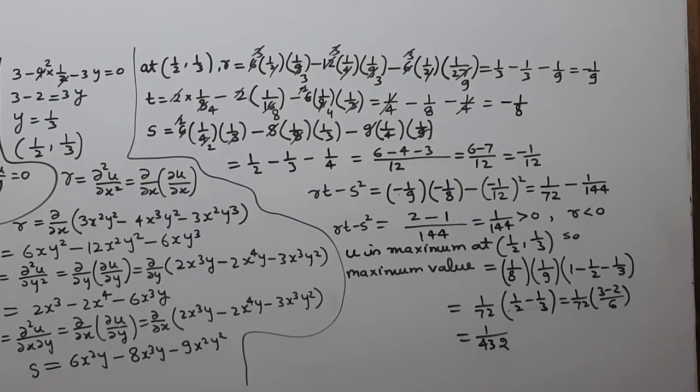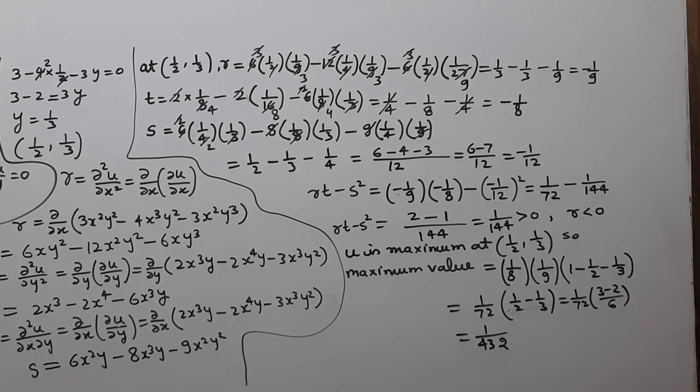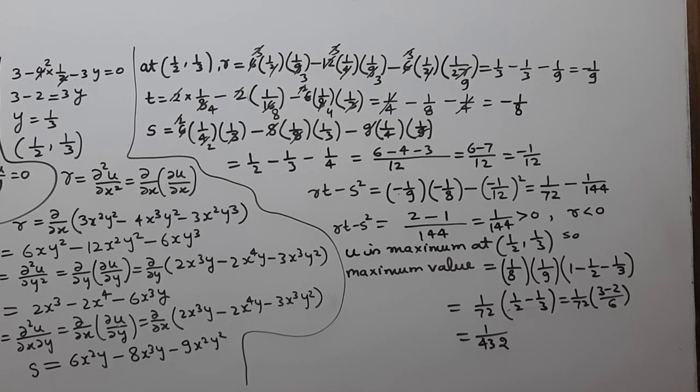So you can see that when we find the maximum or minimum value of a function of two variables x and y, first we find the first order partial derivatives of u with respect to the independent variables x and y. After that, in the second step, we put del u upon del x equal to 0 and del u upon del y equal to 0 and get some points.